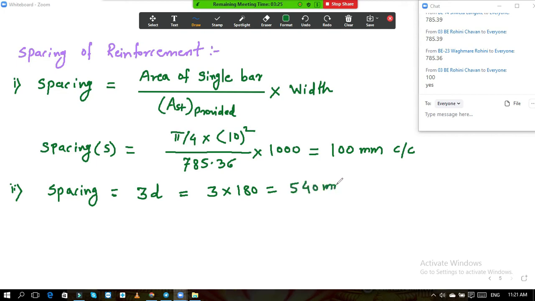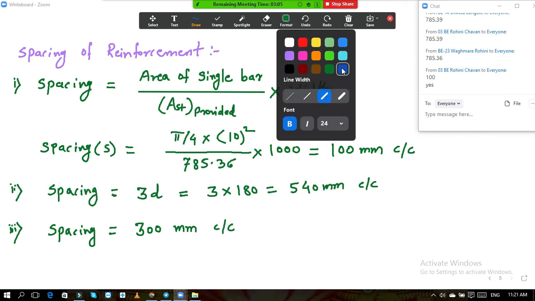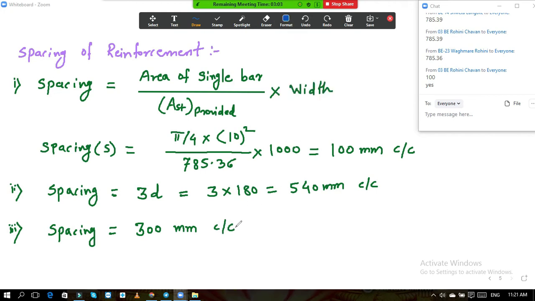You check it once again. And the third thing is spacing is, in no case more than 300 mm center to center. So now we should consider the minimum of these three values. The minimum of these three values is 100 mm.